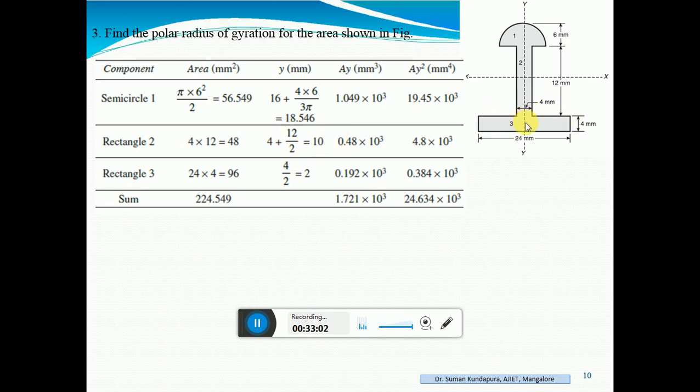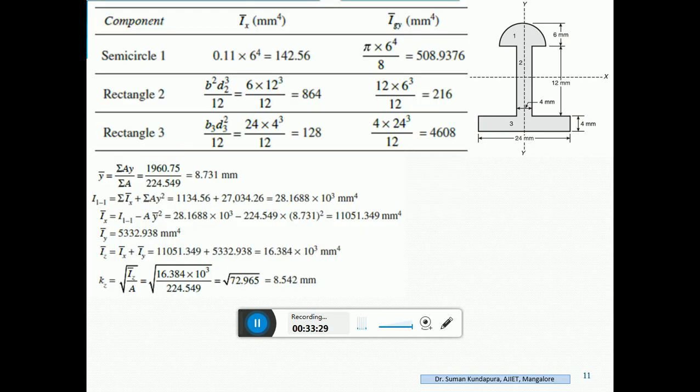For this rectangle, depth 4 divided by 2 is 2. Then multiply area into respective y distances, you will get ay. Ay into y, again you will get ay square. Summation of ay, summation of ay square. Summation of ay divided by 224 will give you the y bar, which is 8.731 millimeter.